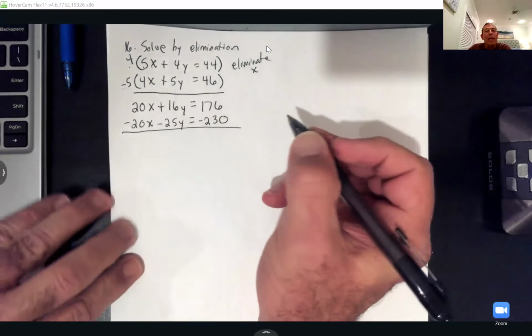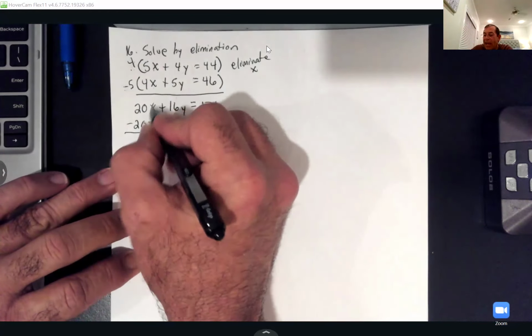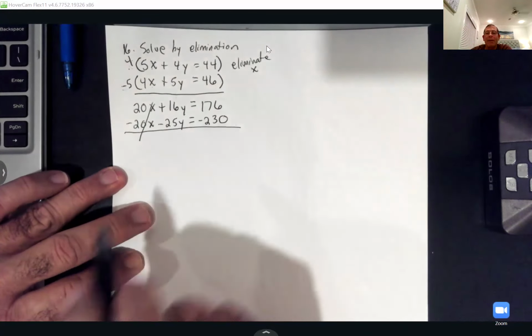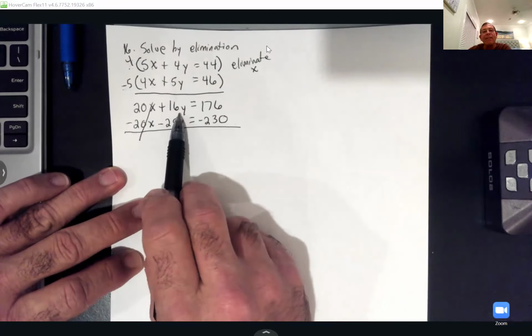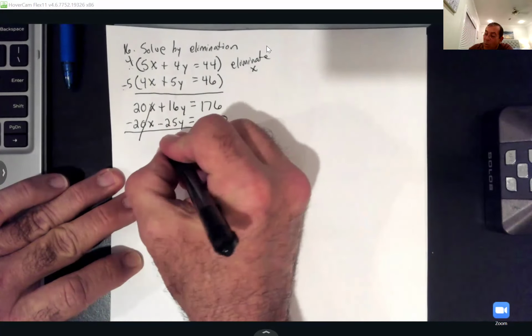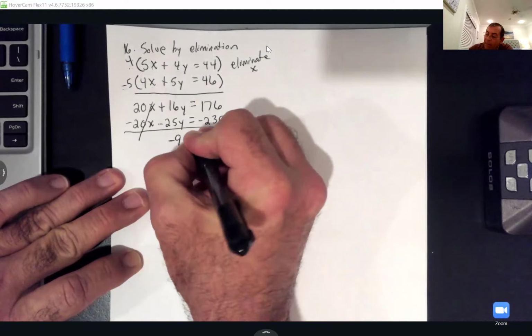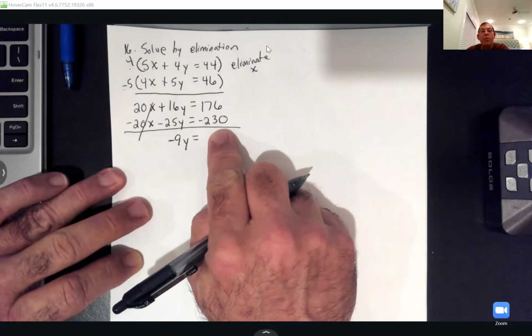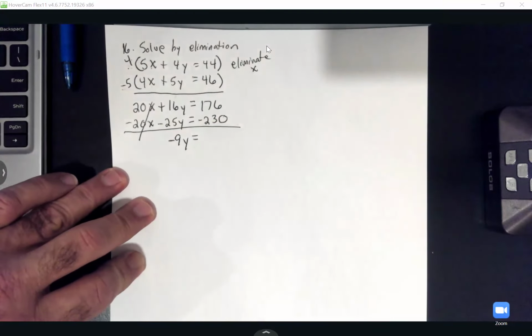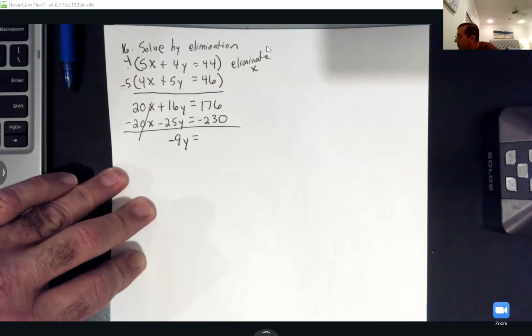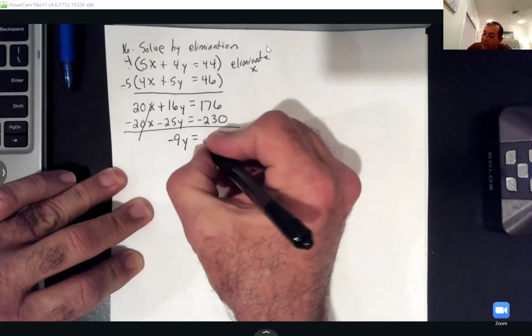But now when I add these, y'all, the x's cancel. So negative 25 and 16 will give me a negative 9y. Negative 230 plus 26 plus 176 gives us a negative 54.